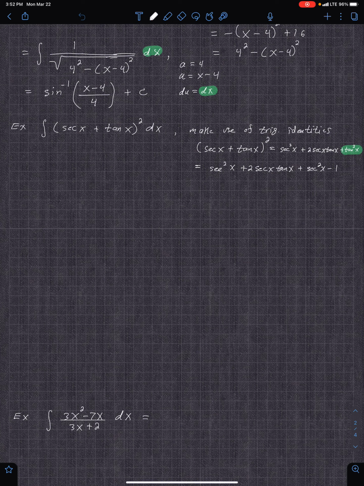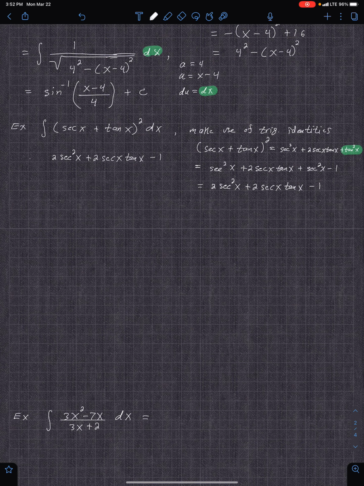So now you can write that as 2 secant squared x plus 2 secant x tangent x minus 1. And so when you do that, it becomes your integrand, and we can then integrate a little easier.